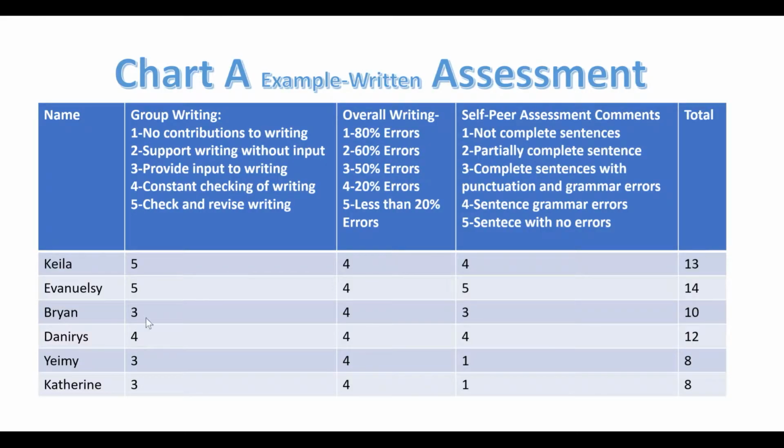So this chart is basically the written assessment. I have the group writing, during that process, whether they contributed to the group or not, and the quality of the contribution. This here is the written material they gave me after the first draft, and here is where I derive most of this assessment, from the comments they wrote to one another.